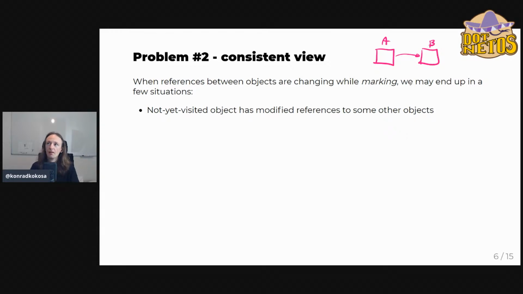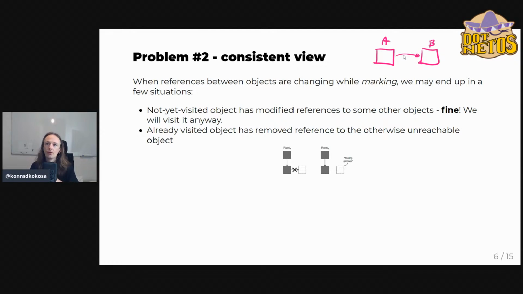So imagine we haven't visited object A so far, and it changes its reference to some other object. That's fine, we don't care. We will visit this object in the future, so we don't care what is being done there now, because it will be visited later. So this is fine.